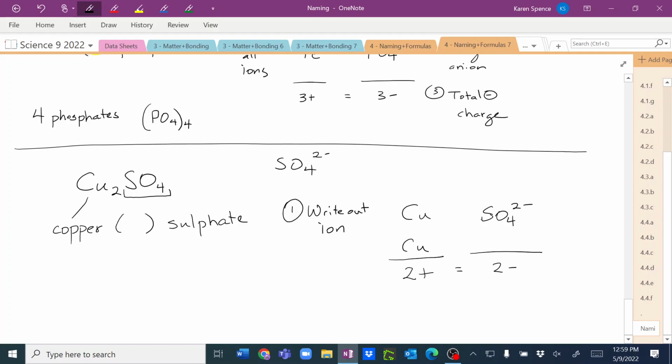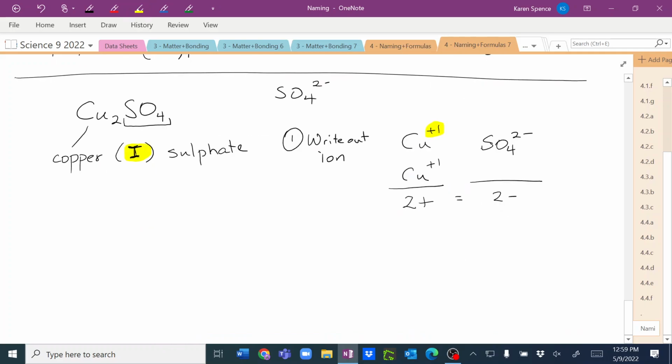That's exciting. And so the Roman numeral will then be 1, because the plus 1 tells us the charge. One last one.